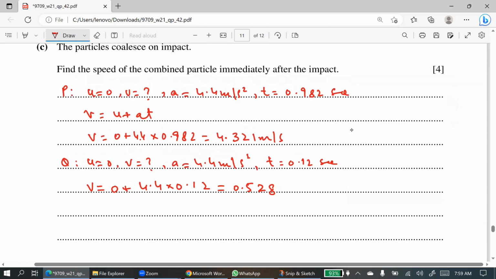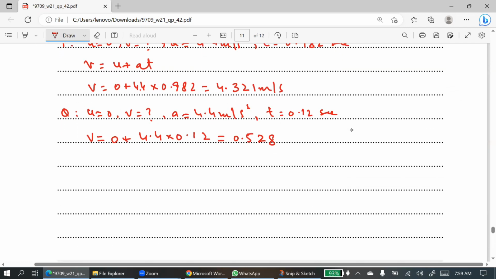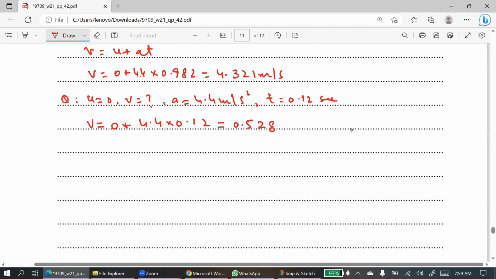Now we will use the law of conservation of momentum. We will write down the data for P: mass is m, speed before the impact is 4.321, after the impact unknown.